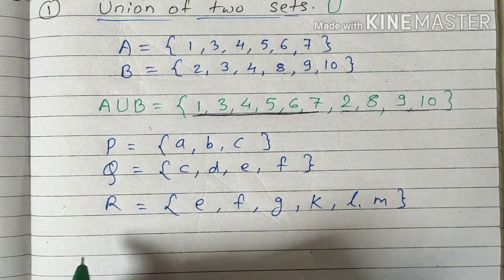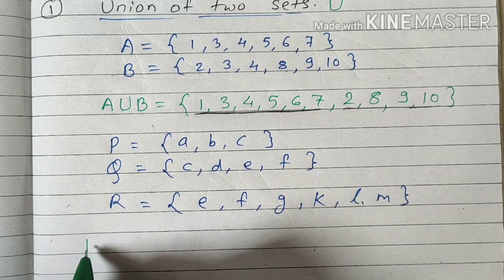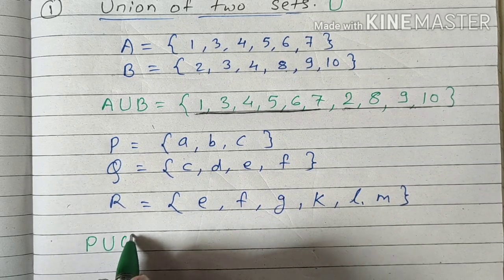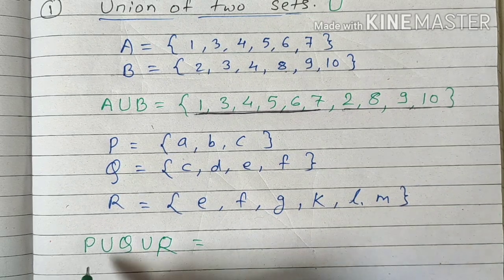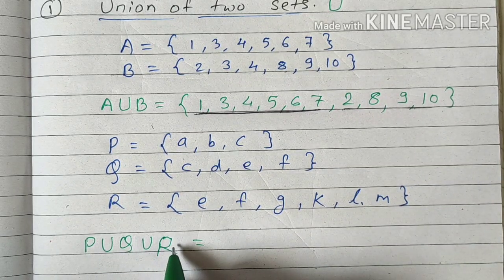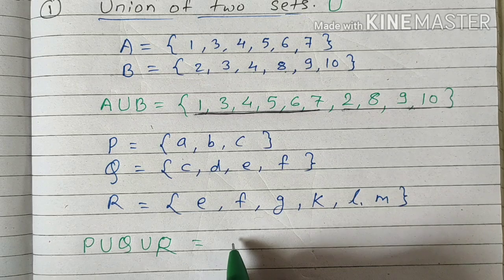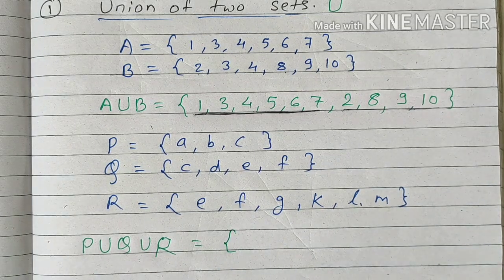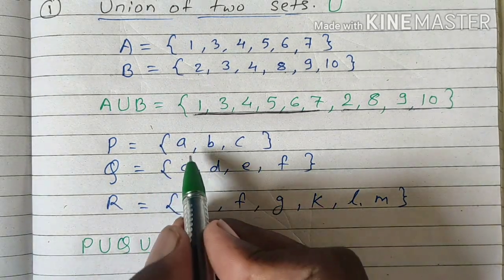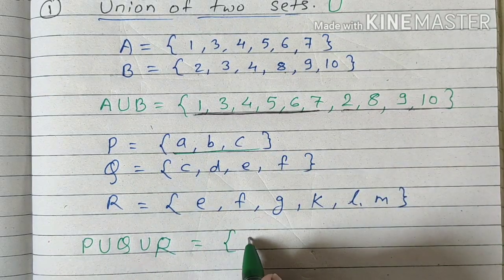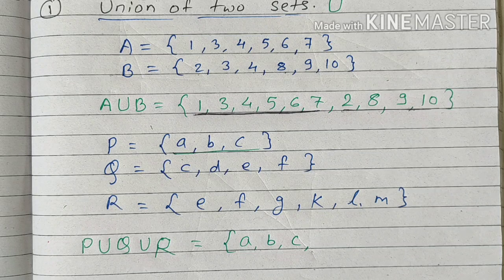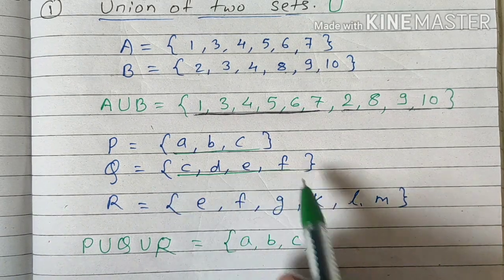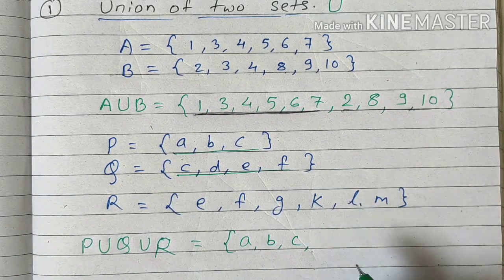So what we will do, let us write the union symbol between the 3 sets. P union Q union R. Okay, now first write the elements of P: A, B, C. Then write the elements of Q, but no repetition.